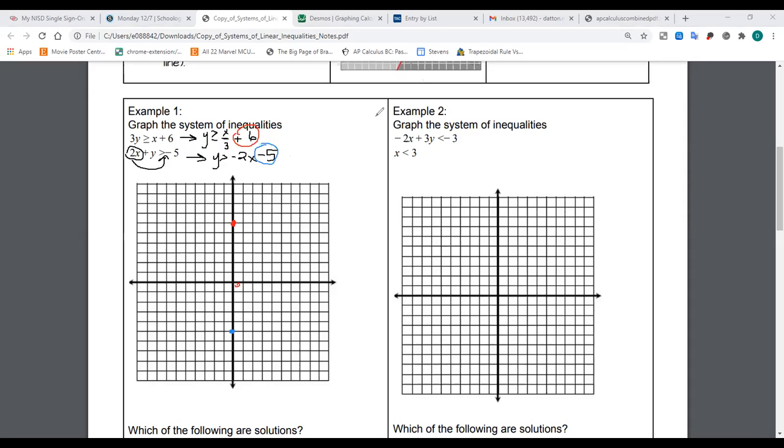Then for the red graph, I take a look at the slope. This says x over 3. This is really saying 1/3 x. So that means I go up 1 and to the right 3 for the next point. And I can go in the reverse direction to go behind this point, down 1 over 3 for another point.